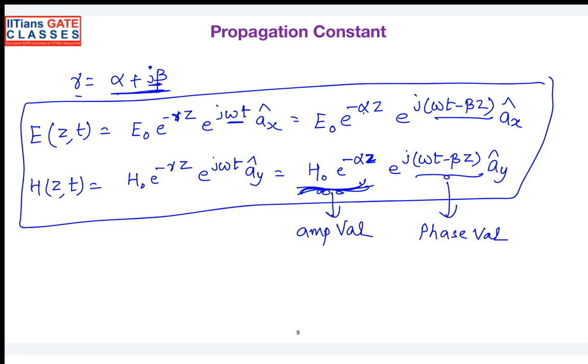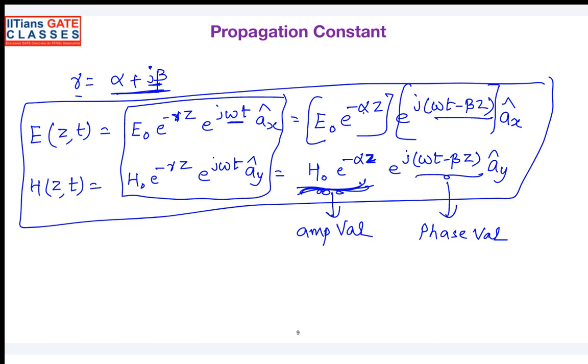I rearranged the uniform plane wave equations so that the first part represents the attenuation and the second part represents the phase, so you can easily visualize what is happening. The attenuation is given by the alpha value, and the phase is given by omega as well as beta. We will see how the phase varies with respect to time as well as distance. Do you have any questions?